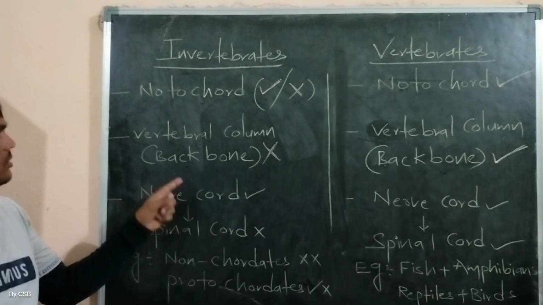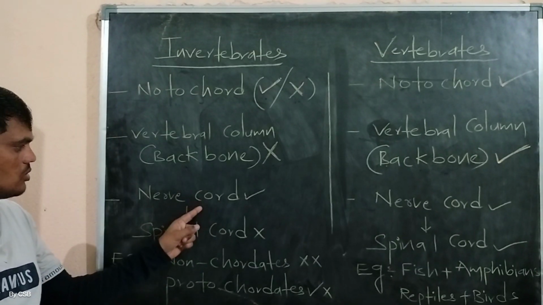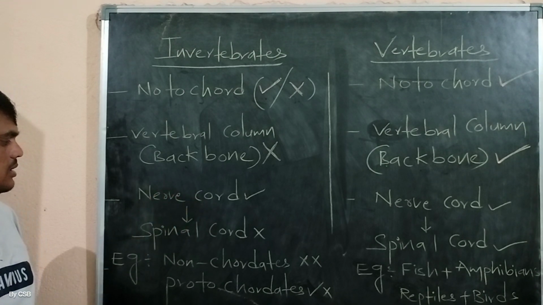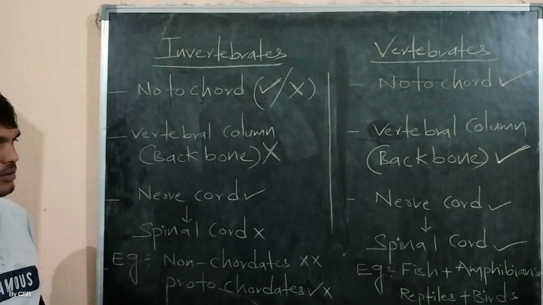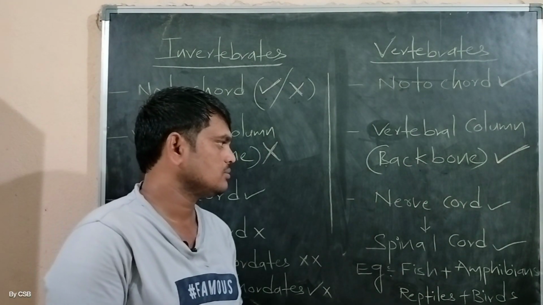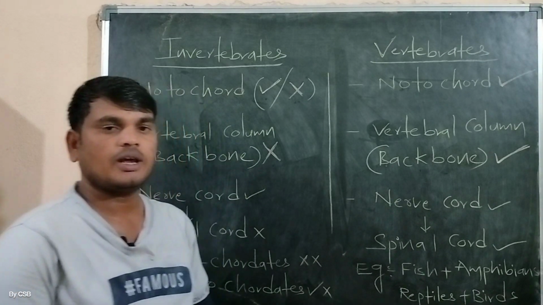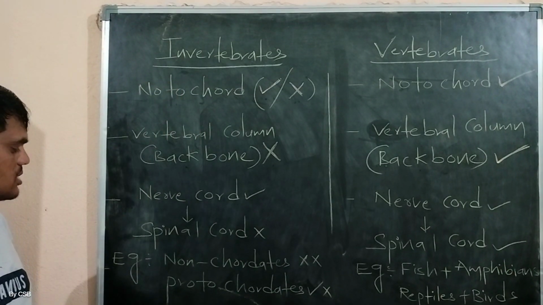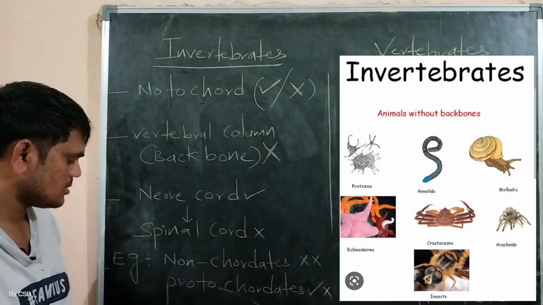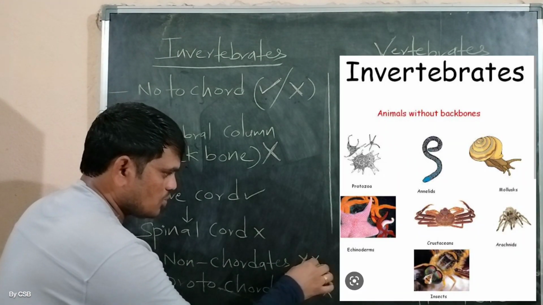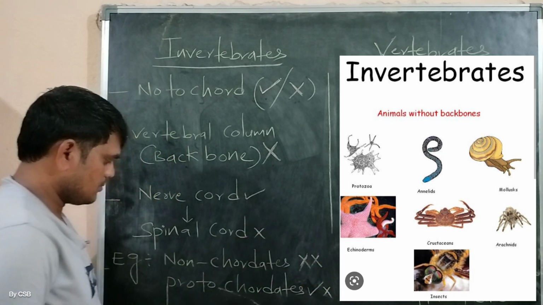In invertebrates, nerve cord is present, but it does not develop into a spinal cord. In vertebrates, the nerve cord is present and develops into the spinal cord. Among the invertebrates, the best example, non-chordates, have notochord absent and backbone absent.